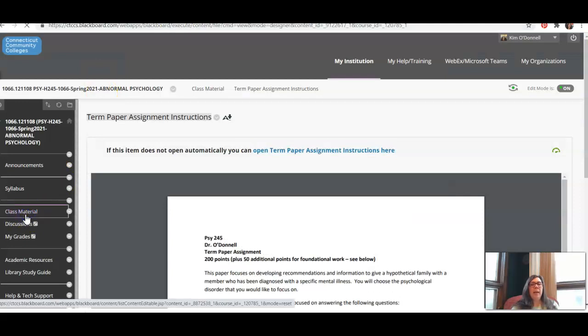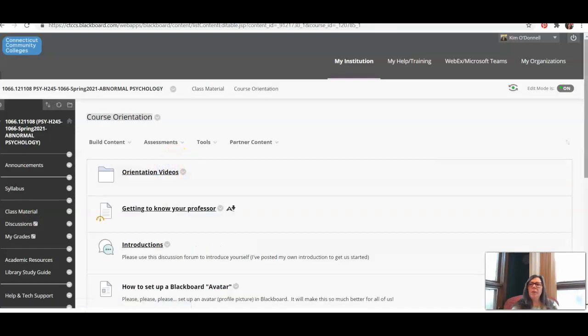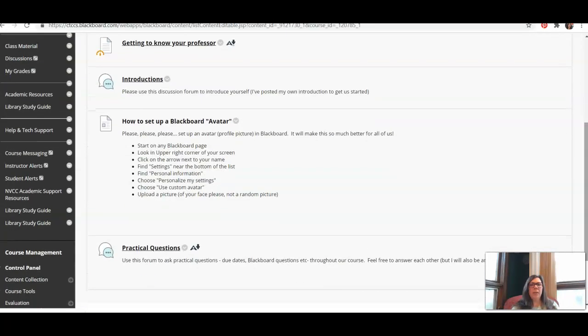The one thing that I didn't point out before, but I will now, in each of the chapter folders, there is this link to practical questions at the bottom. And practical questions are non-content related questions. So if you want to ask me about research methods, then that's going to go in the research methods muddiest point, right?